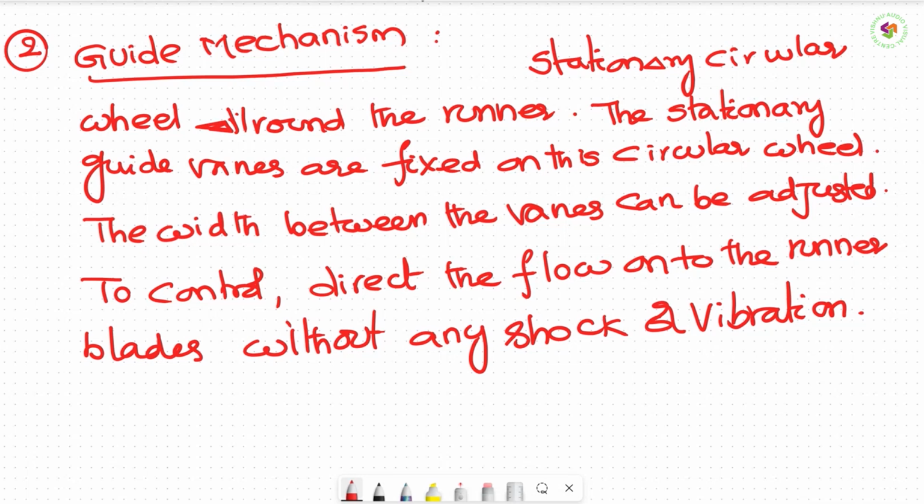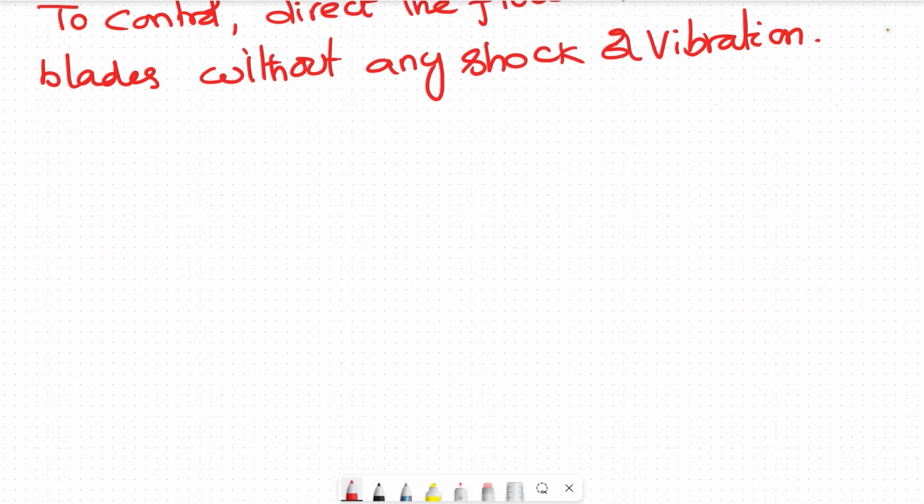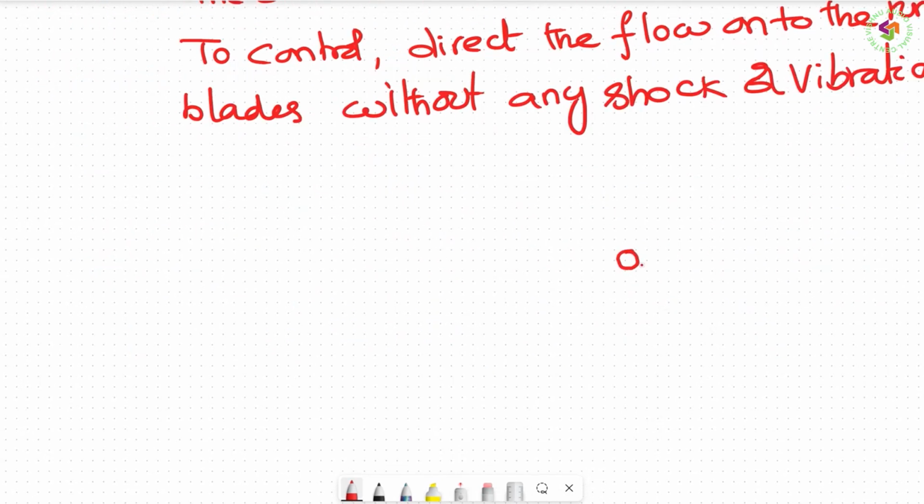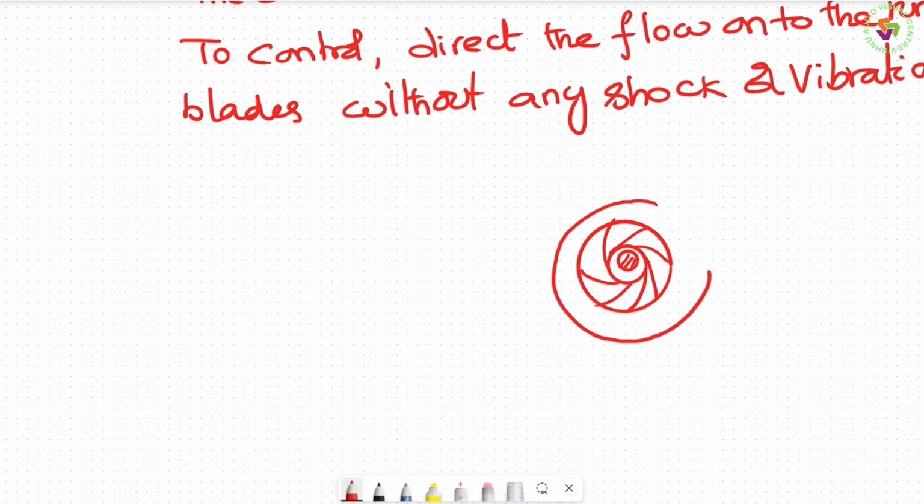The guide vanes slowly direct the water onto the runner. I already mentioned how they are. Once again, I draw the figure for your sake. This is the shaft. On the shaft, we have the runner. These are the runner blades. On this, a circular wheel is mounted, and here we have the guide blades.